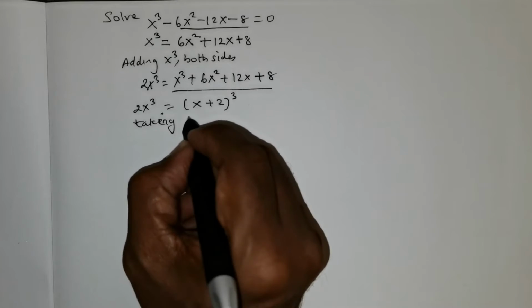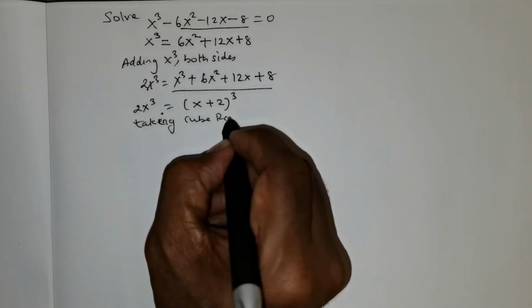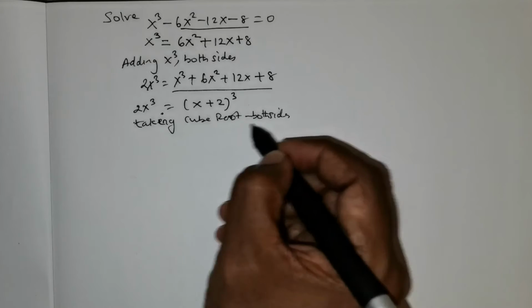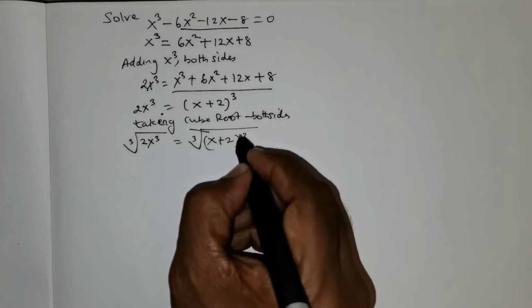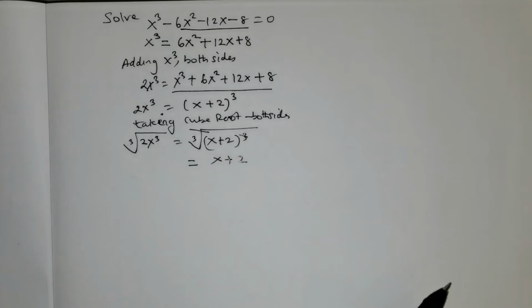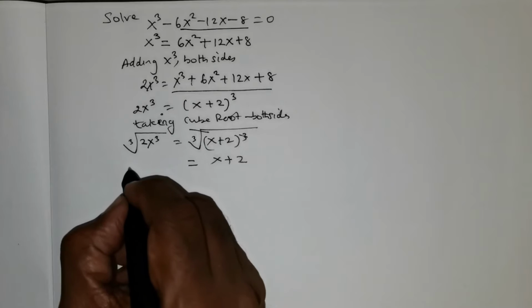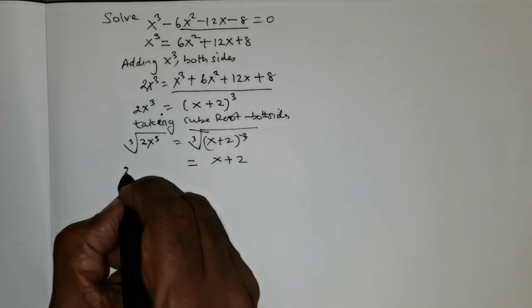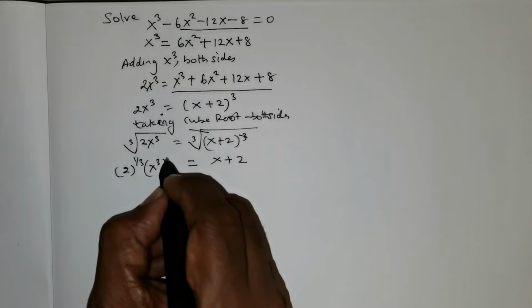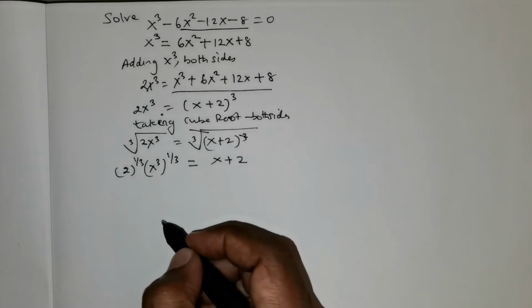Taking the cube root on both sides. Now clearly the cube root and the cube can be cancelled, giving me x positive 2 on the right side. And of course on the left side, I can rewrite this as 2 raised to the power 1 over 3 and x cubed raised to the power 1 over 3.